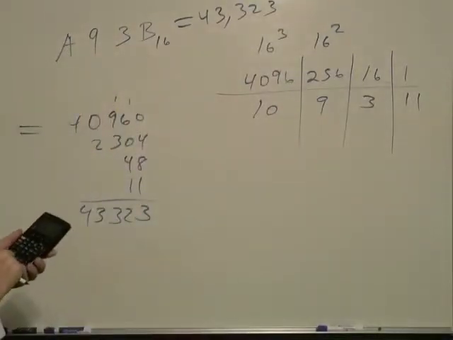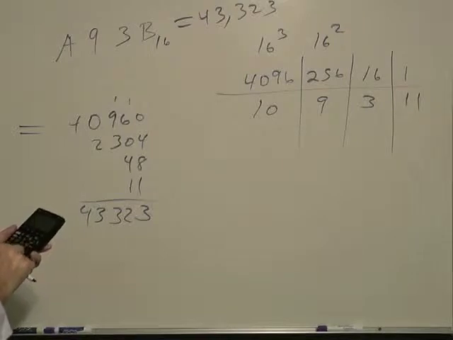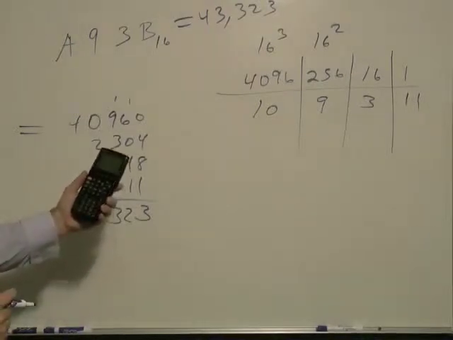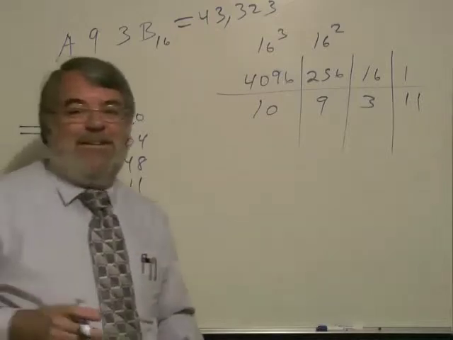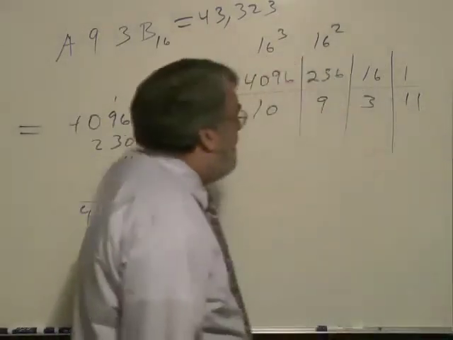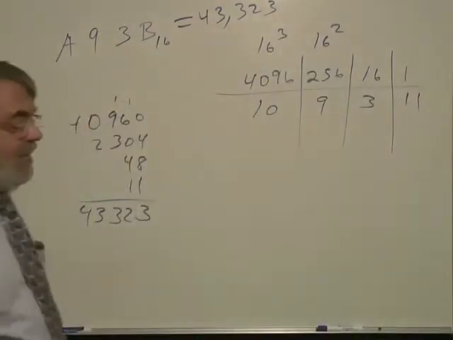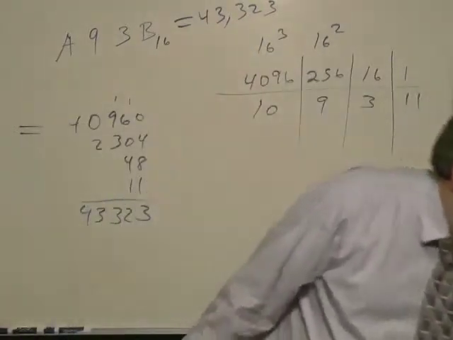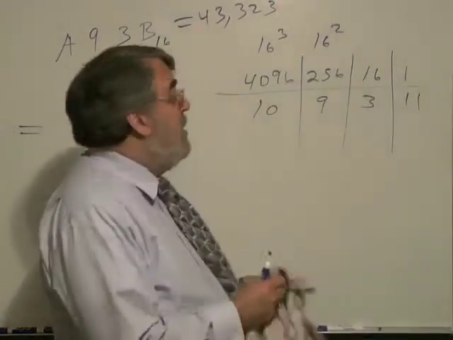So I'm going to double check that. 10 times 4096, plus 9 times 256, plus 3 times 16, plus 11 is 43,323. Okay. So there we go. That's converting a hexadecimal number over.